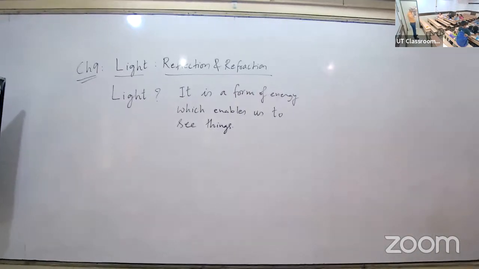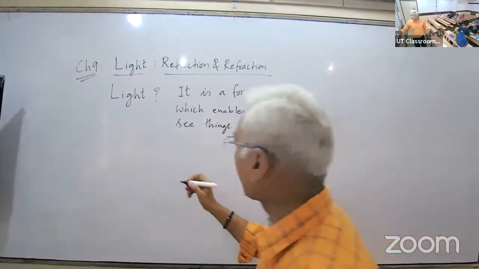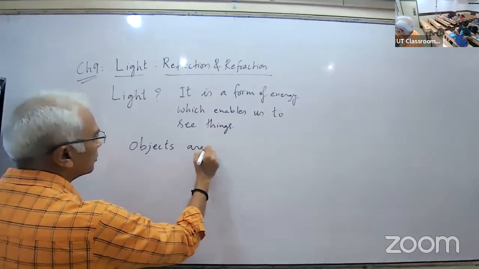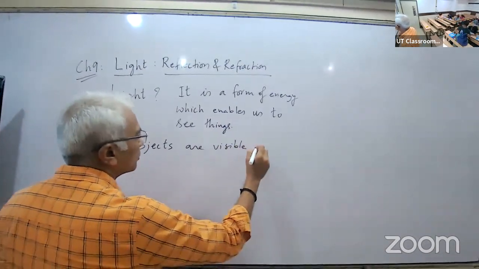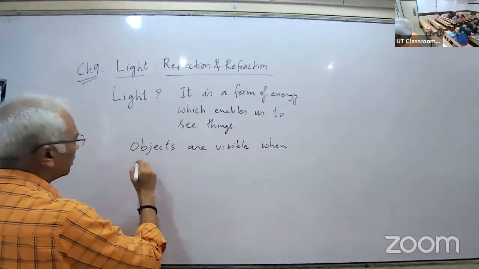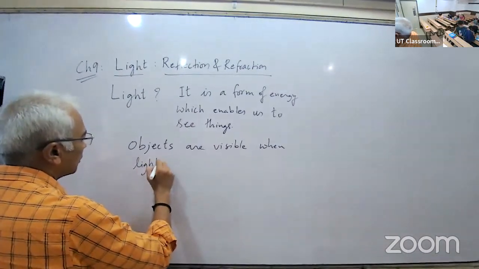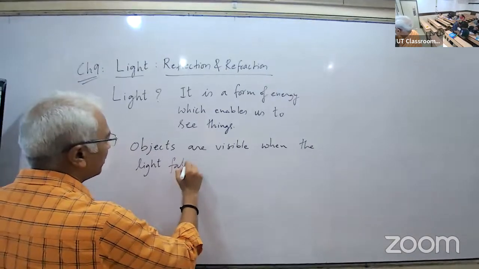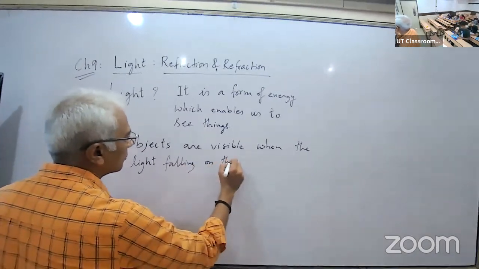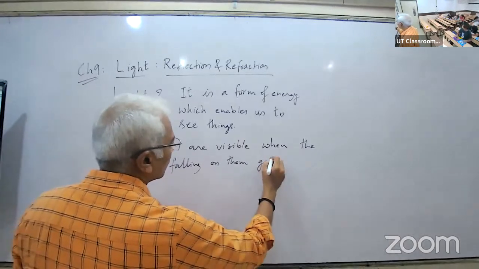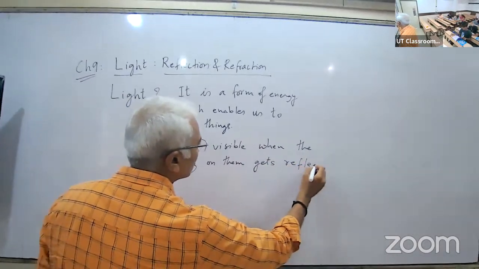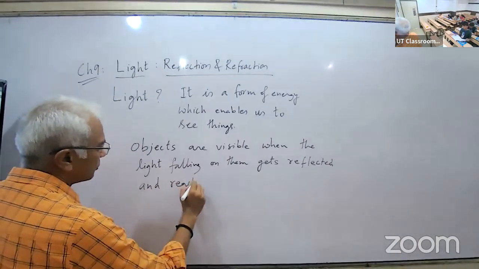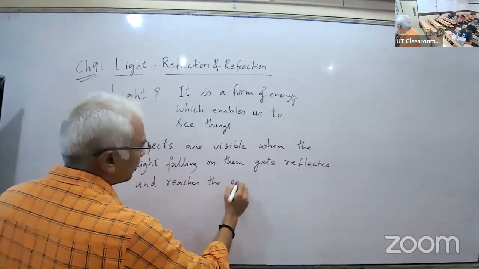you'll not be able to see any of them. So objects are visible when the light falling on them gets reflected and reaches the eyes of the observer.